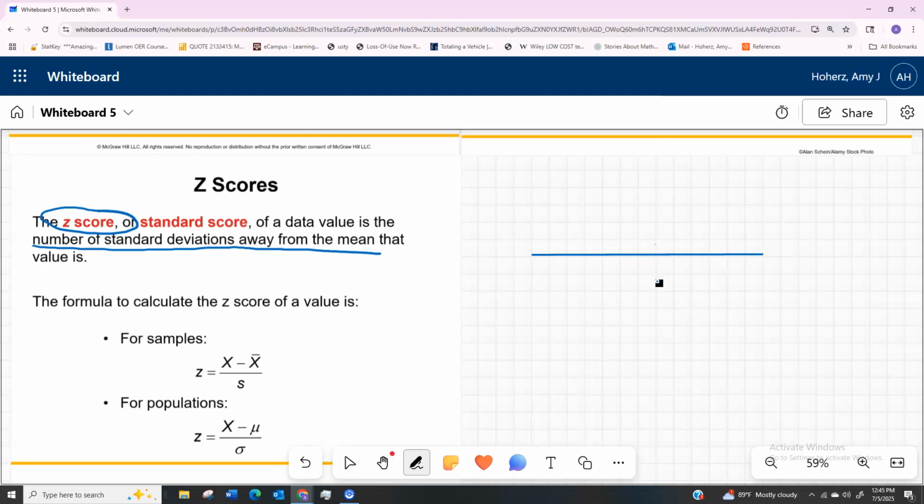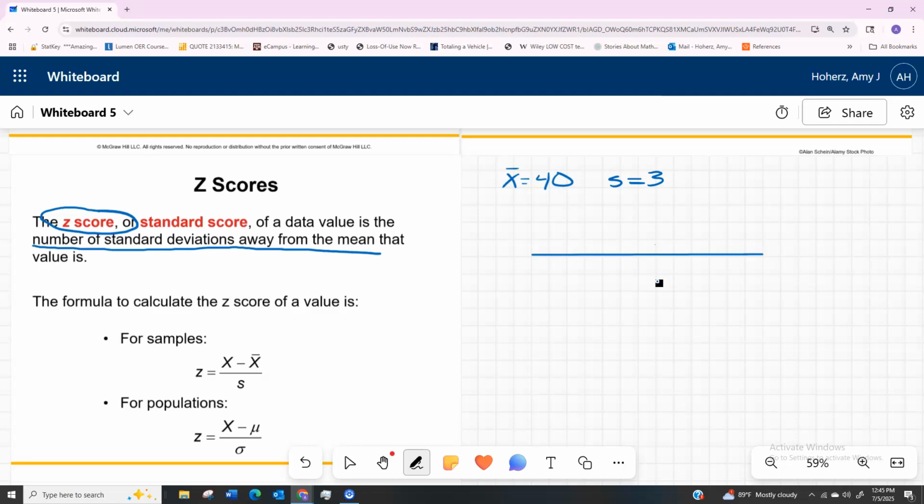So if we look at, say, a mean, let's do something really easy. Let's say 30. Actually, let me make that 40. And then let's say that our standard deviation is 3.